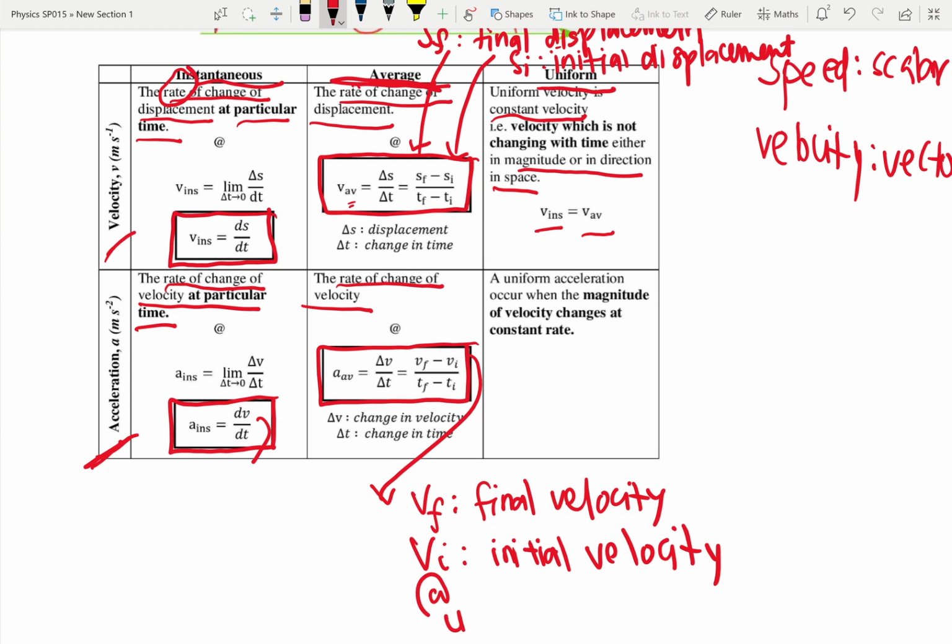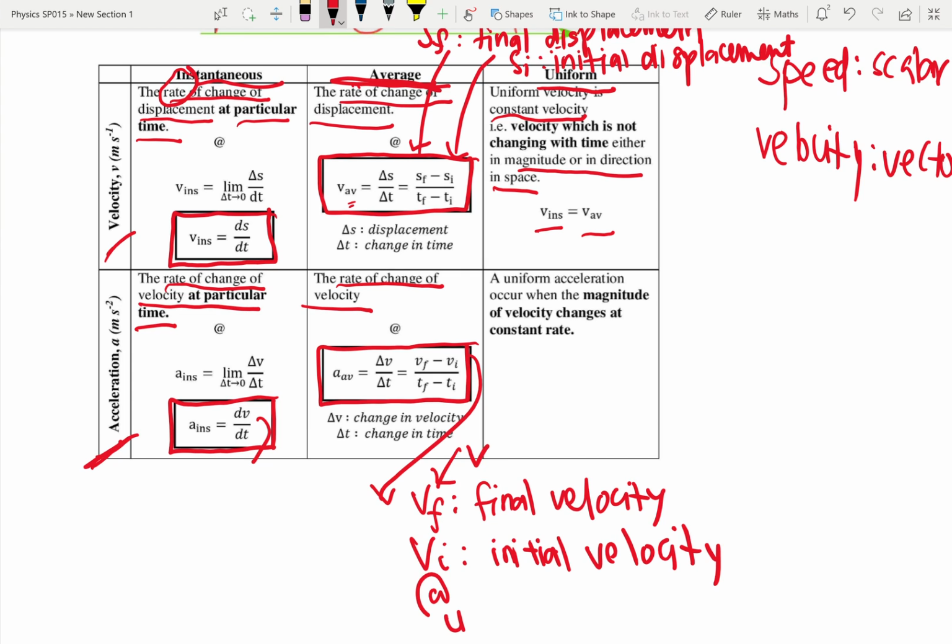The symbol is u. And sometimes for v final, we only write v, small letter v. So either you write u for the symbol of initial velocity, or vi, and for final velocity, either you write v or vf.